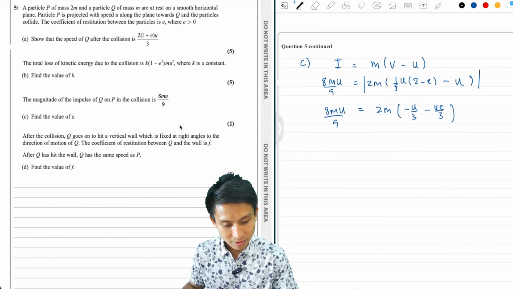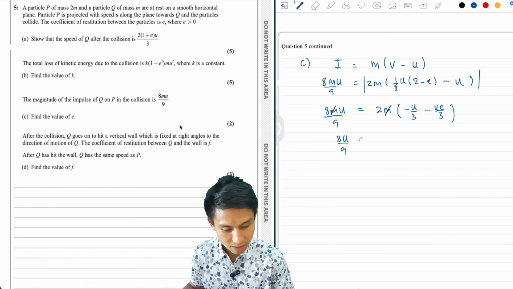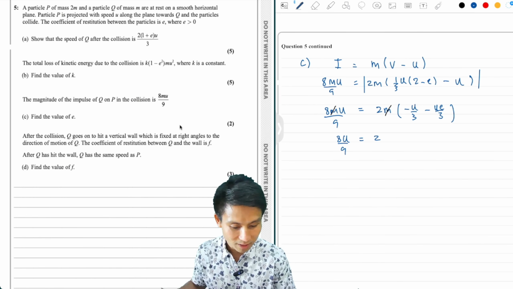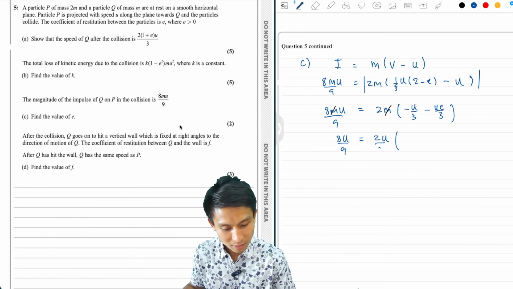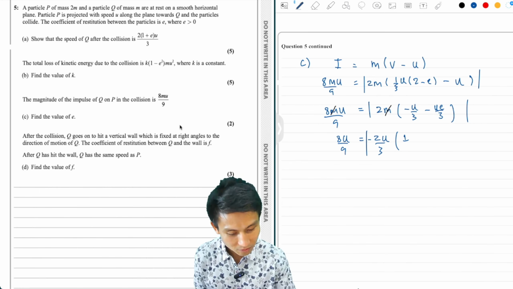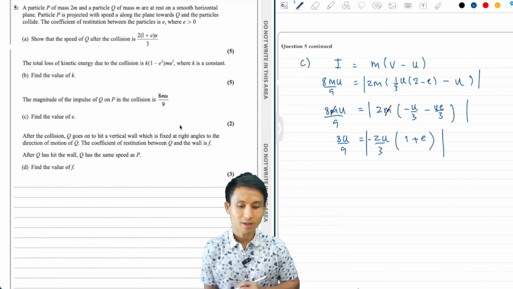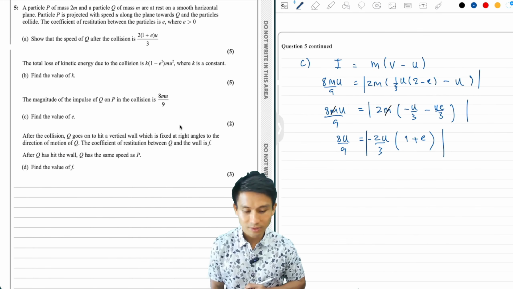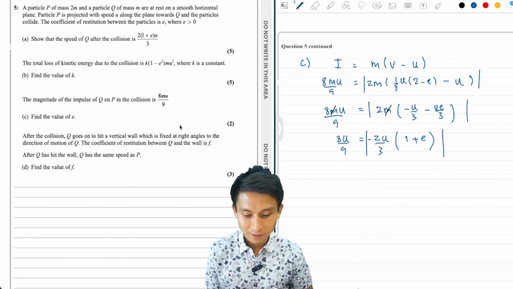So the m cancels. And I have here 8u over 9 equals, if I pull u out, I get 2u, and that's going to be an over 3 out as well, and minus out here, still with the modulus sign. That's going to be 1 plus e, right? Just 1 plus e there, because I factorized u over 3 out.